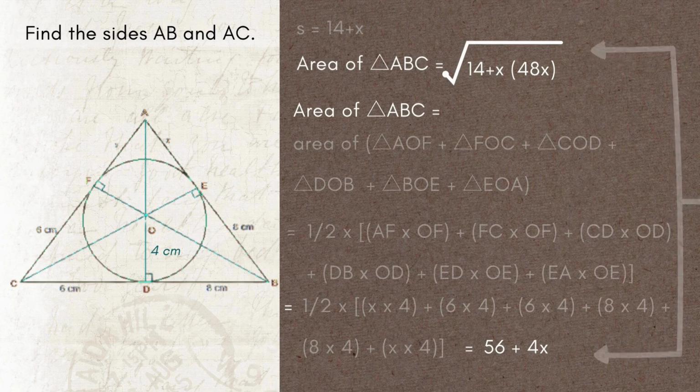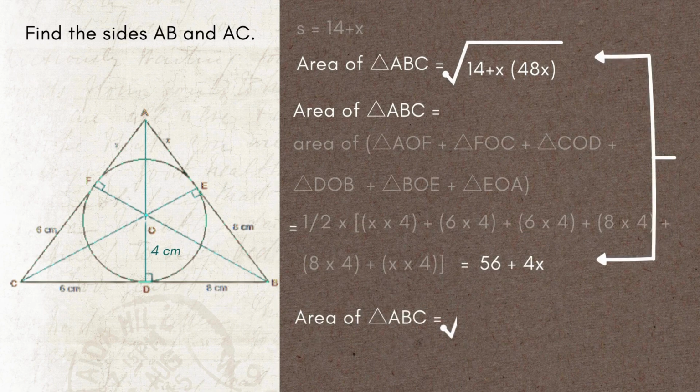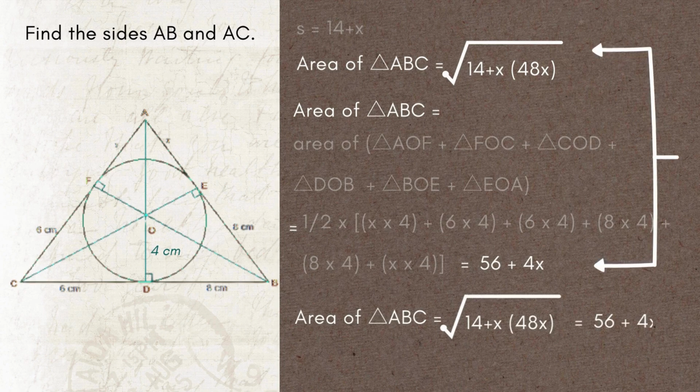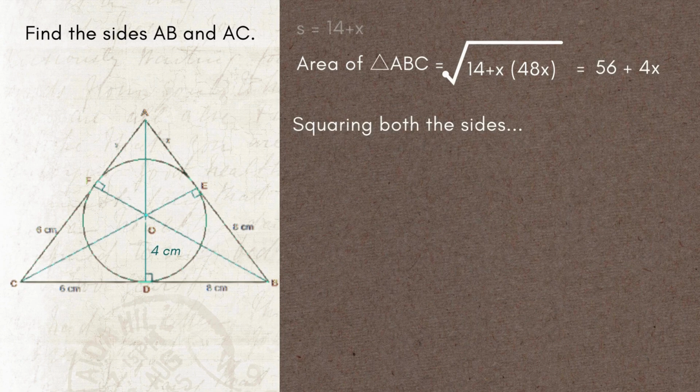From these two equations, we get square root of 14 plus x into 48x is equal to 56 plus 4x.